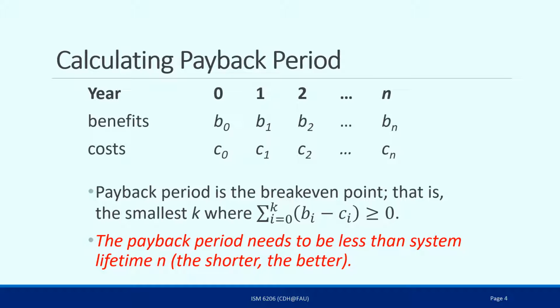So there's an initial cost, and then you're accruing the benefits, until the benefits outweigh the cumulative cost, and that is the payback period. So basically you just sum up the net benefits year by year until you find that by this year the cumulative net benefits becomes positive. That is the payback period.